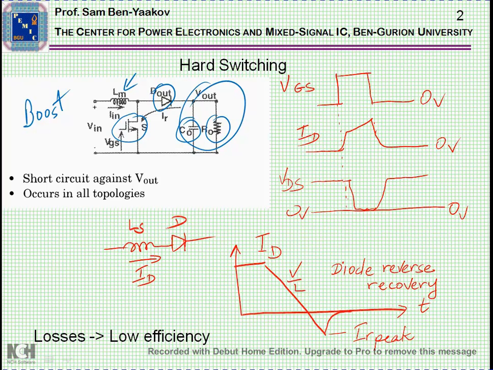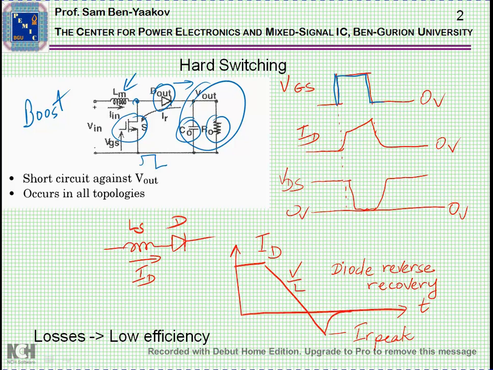Now, the way this converter works is that the transistor turns on and off, shorting this point, and then the inductor is actually pumping in current to the output. Now, let's have a look at what happens when the gate is turned on and off.